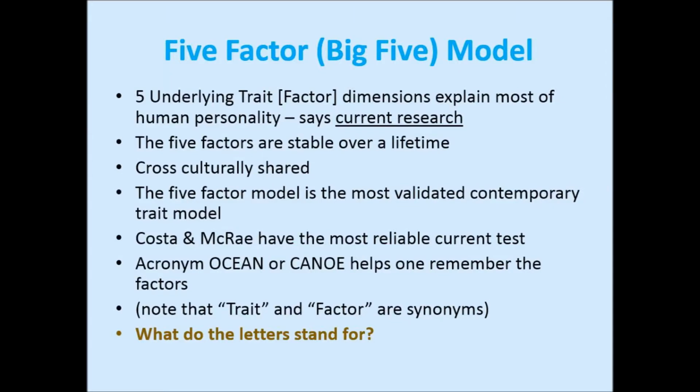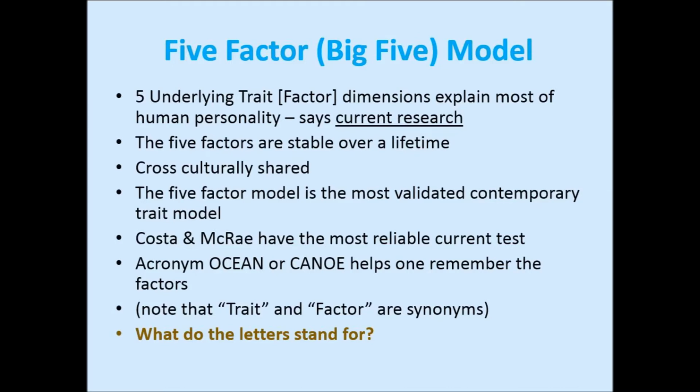But at this point in time, the research suggests that 5 factors, these alone, will explain most of human personality. Let's take a look at those now. And as we dig into these 5 factors, there's going to be some interesting things to note. First off, these 5 factors tend to be relatively stable over a lifetime. In other words, if you are high on one of them, say for example conscientiousness, probably all your life you'll be a pretty doggone conscientious person.